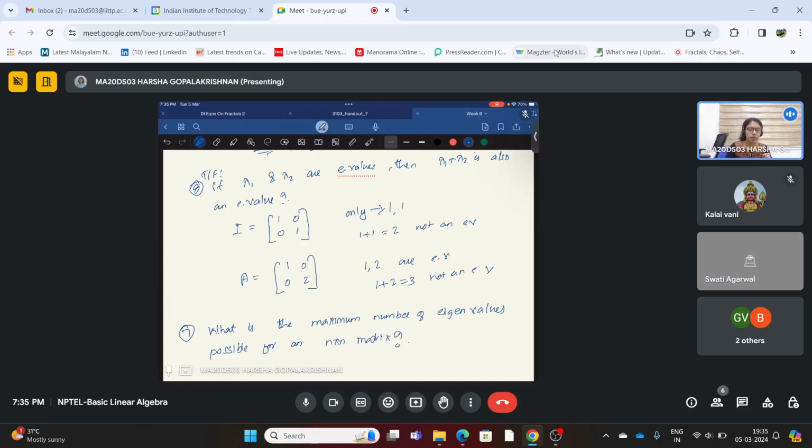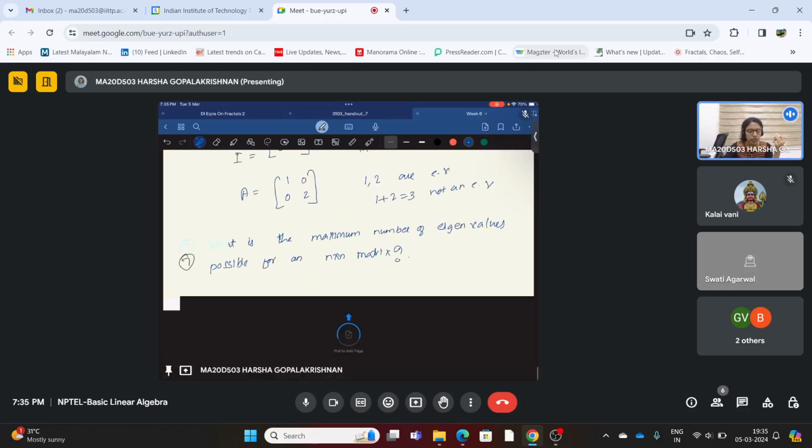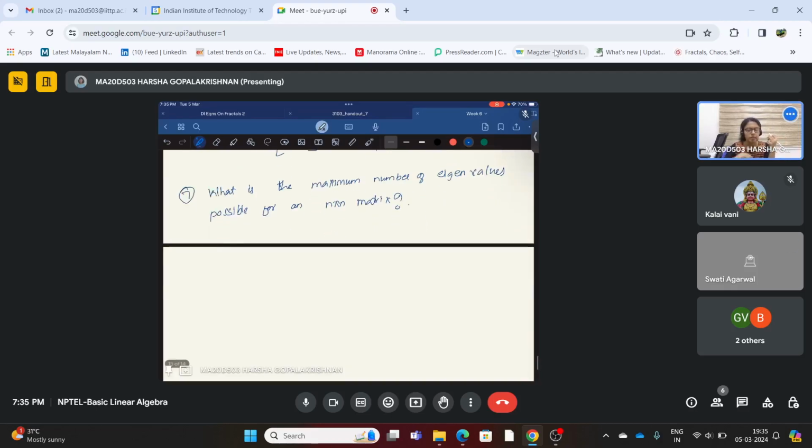What is the maximum possible number of distinct eigenvalues? Of course n. What is the reason? The characteristic polynomial will be of order n, and the maximum number of roots can be n.